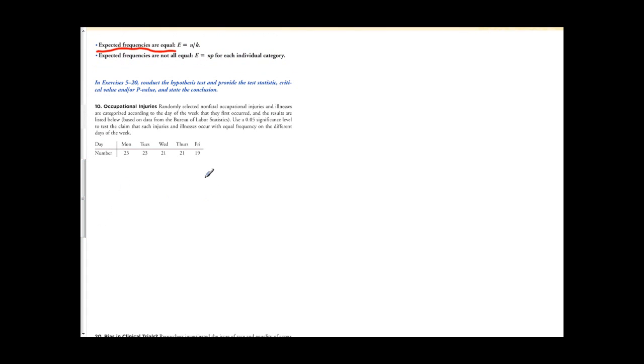For number 10, it's about occupational injuries. It says, randomly selected non-fatal occupational injuries and illnesses are categorized according to the day of the week that they first occurred, and the results are listed below. So we have here a frequency distribution with categorical data. The categorical data is going to be the day of the week on which the injury occurred.